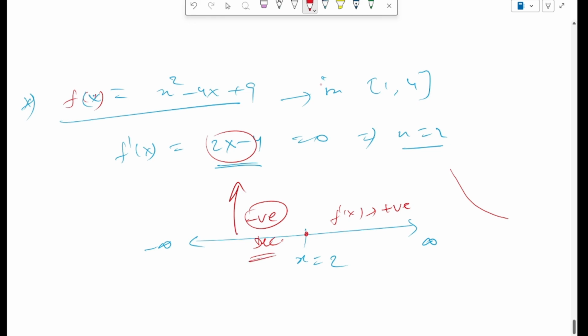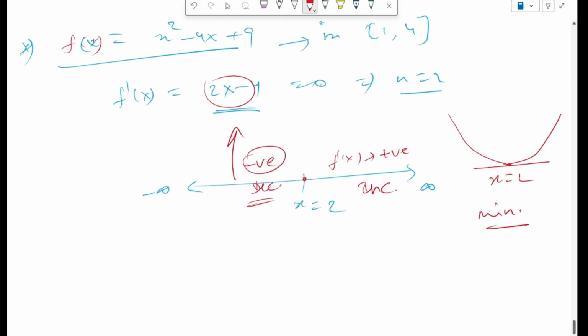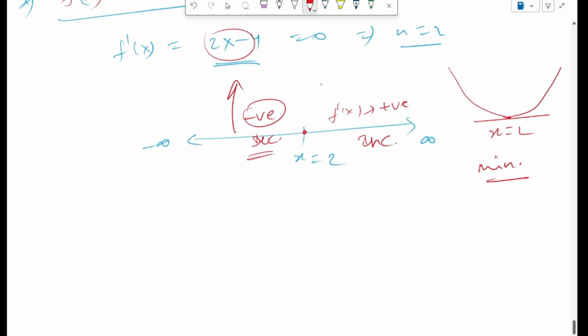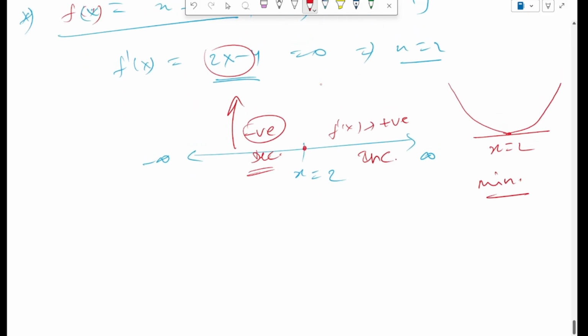Now in this region the function is increasing, so it was dropping, and then it started rising after x equal to 2. So at x equal to 2 we get a minimum of the function, which may or may not be the absolute minimum. That we will check now.